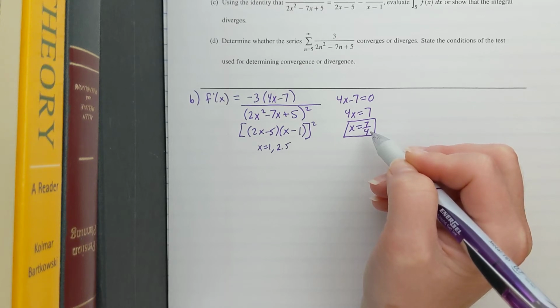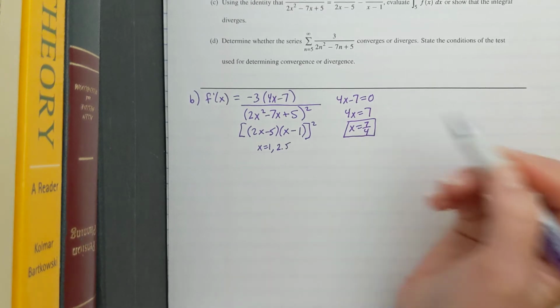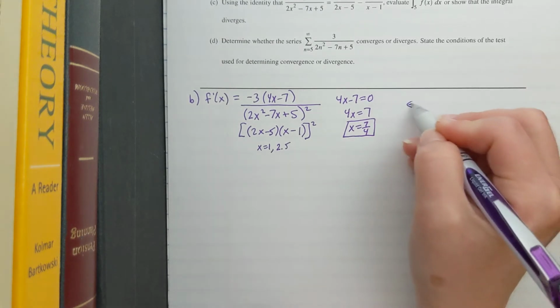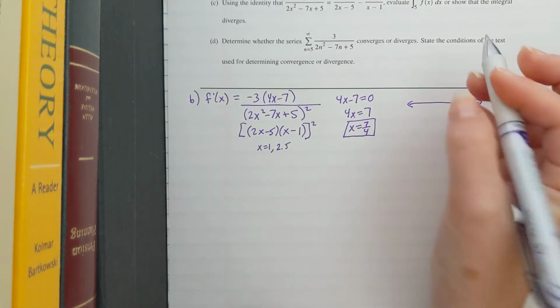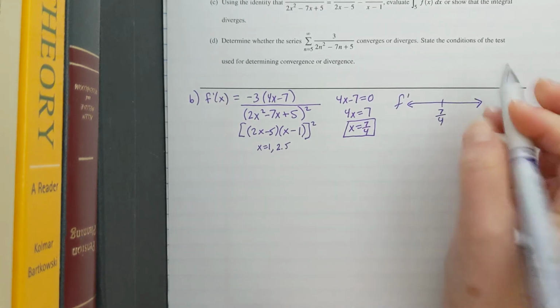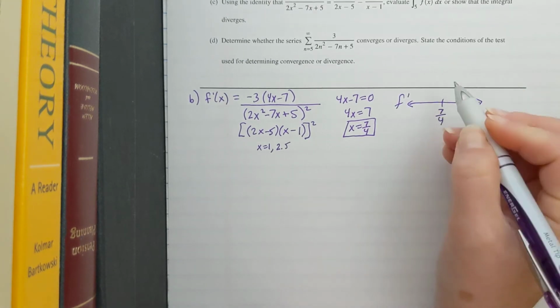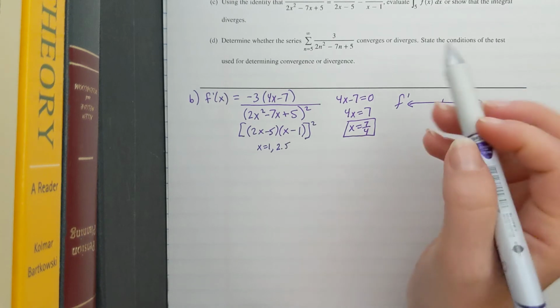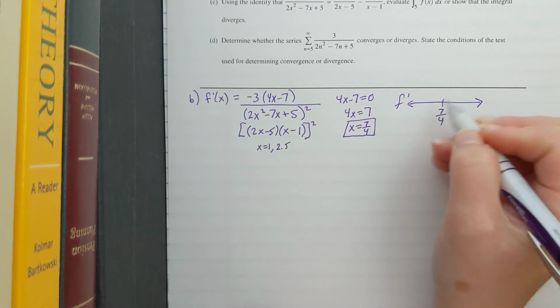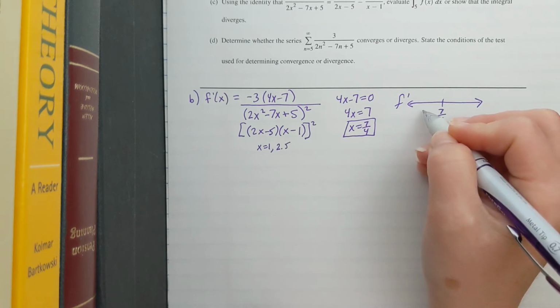And then it's asking to classify as a relative max, relative min, or neither. So let's do our little line test. I'm going to be testing in f prime. We have 7/4 here. So to the left, maybe I'll plug in, and remember, it's between 1 and 2.5. So maybe I'll plug in something bigger than 1?